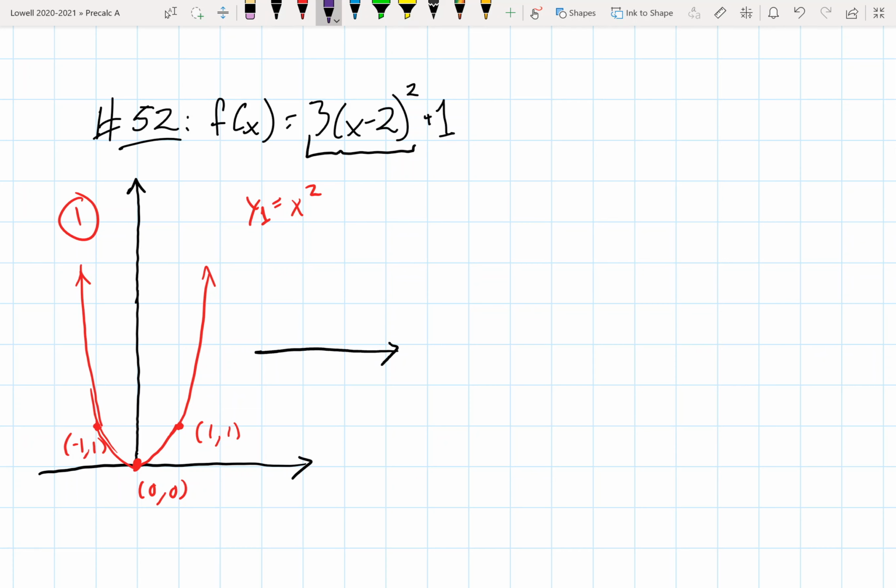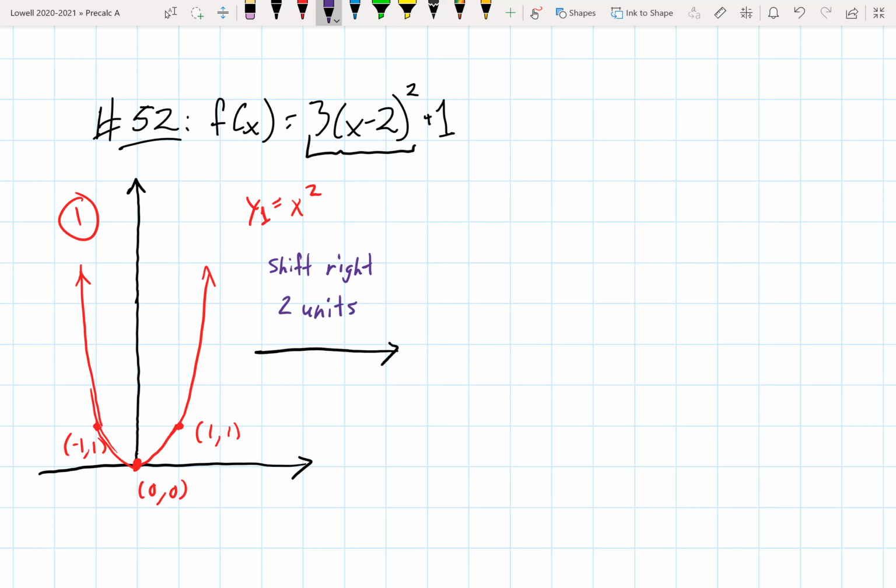Starting off with our parent function, the first one is y equals x squared. Now I'm going to do my horizontal shift. I'm going to shift it right 2 units.